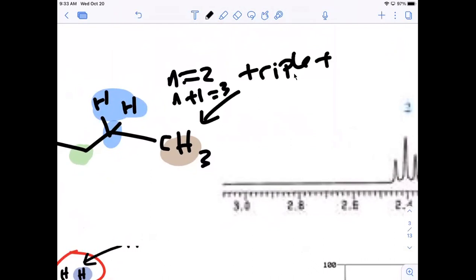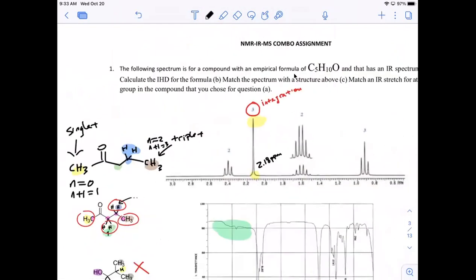Now, if you look in the spectrum, you actually got 2 triplets. You got one down at 2.4 and one down at about 0.85, right? So now this is why it's important to know where things are supposed to show up.